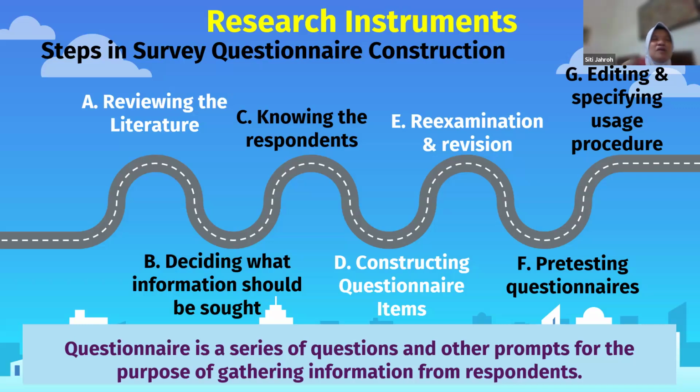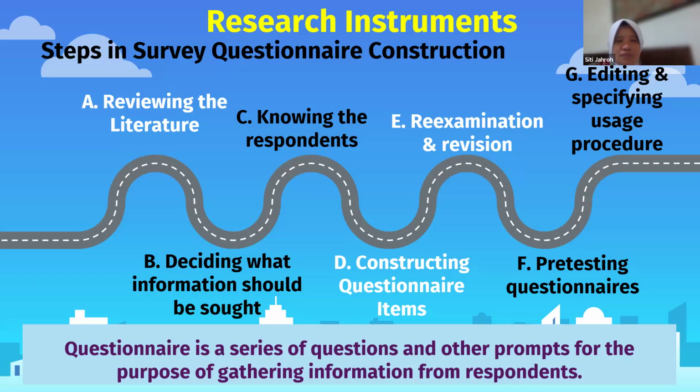You gather the information based on the statistical data, based on the papers, on any published information, any papers. After reviewing the literature, you can decide what information should be stored. What kind of information you need to answer your research objectives.